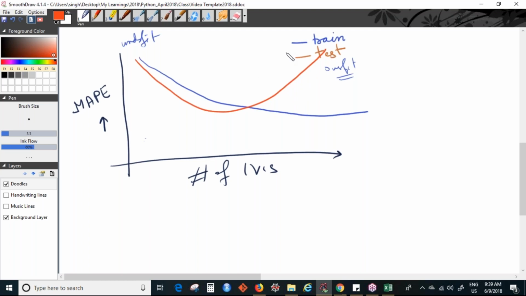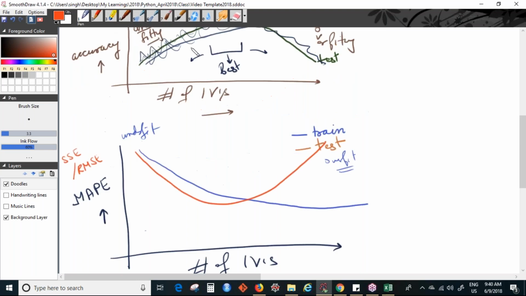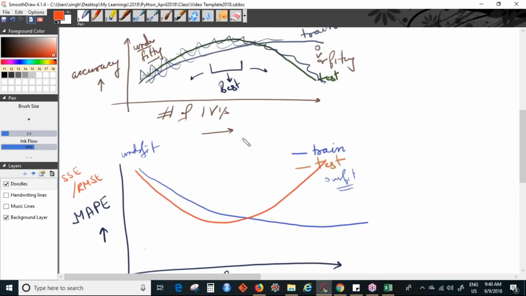So this is how it will look with respect to any of the error parameters, not just MAPE. Even if I had asked RMSE or SSE, it would look the same. Now you see both the graphs, they are inverse of each other. I have just inverted them because these two things work in inverse relation, right? Accuracy and error.